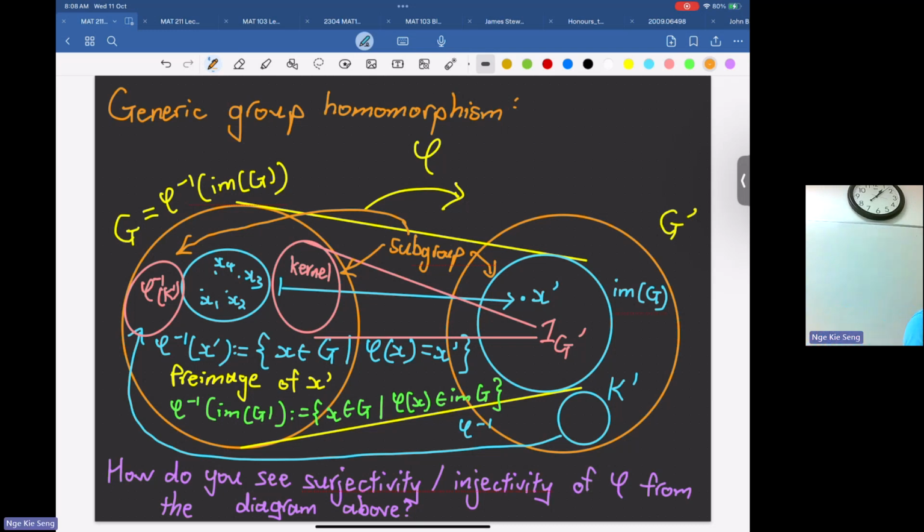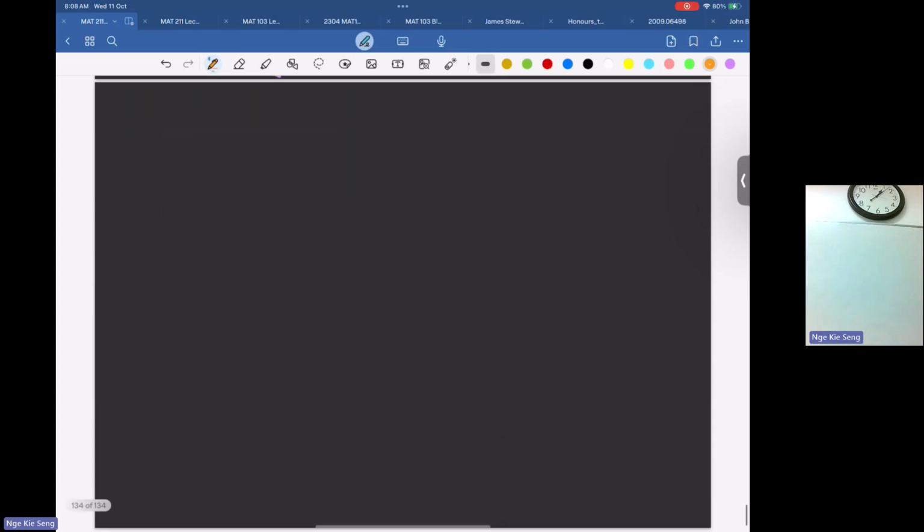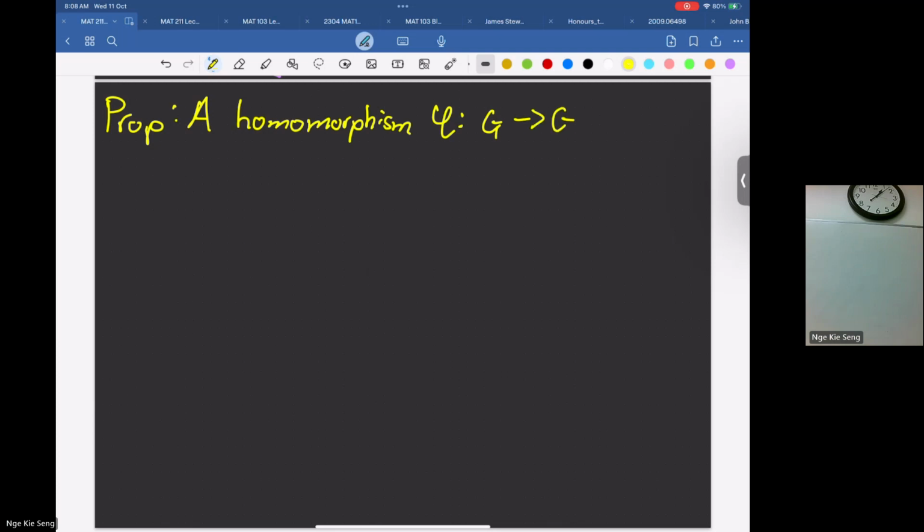Okay, so let's look at a proposition first. A homomorphism phi is injective if and only if the kernel is just the singleton containing the identity element.